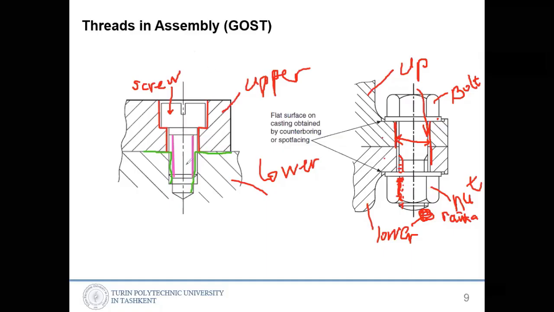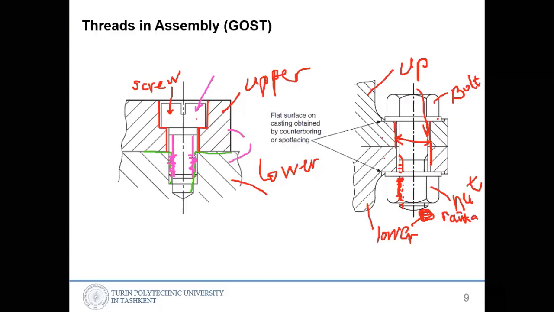We screw into the part. This lower part holds the two parts together using a screw, a set screw or hex screw. This screw is joined inside this lower part, touching and then screwing in, and holding the parts together.